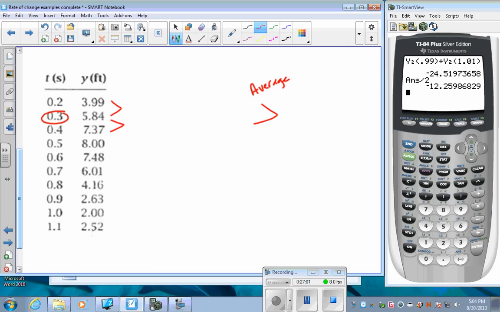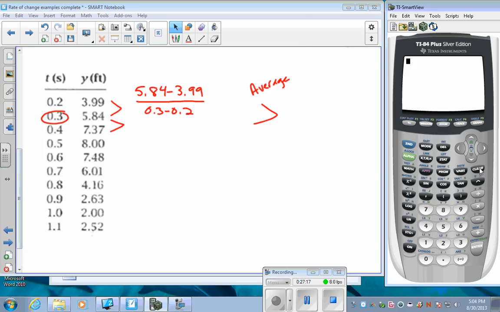So we're going to start by finding this rate of change, and this first rate of change is going to be subtract the y values. Again, we're just doing the slope, and we're dividing by the x values, and I can just work that out on my calculator. And I get 18.5.